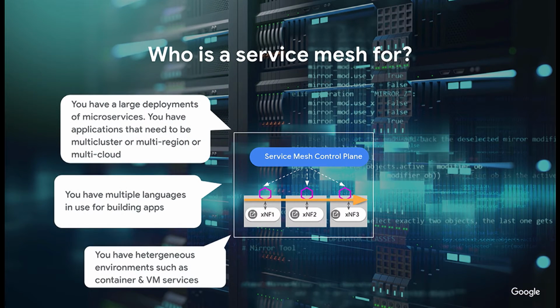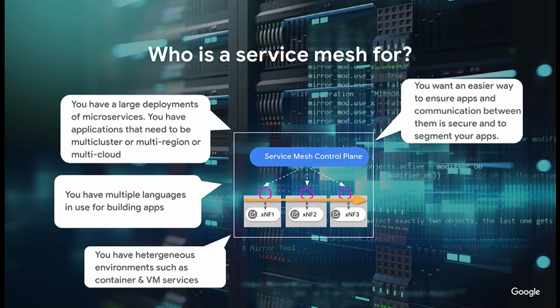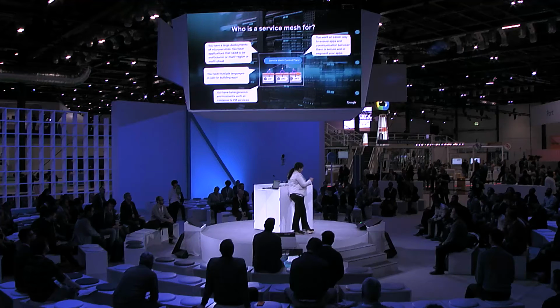So you could have VMs, you could have containers, or a mix of both, plus things like bare metal in your environment. You also want an easier way to control how your apps communicate with each other. So for example, you want to segment your applications, or you want to ensure that when application A talks to application B, they are secure in the way they are communicating.